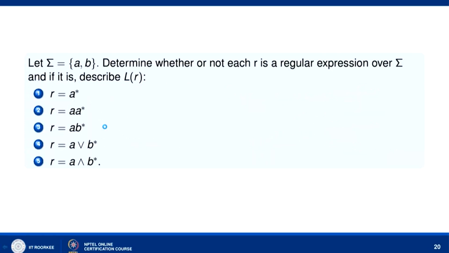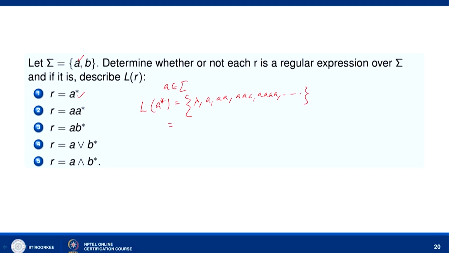Let us say sigma equal to {a, b}. Determine whether or not each R is a regular expression over sigma, and if it is, describe L(R). So, R equal to a is an element, a belongs to sigma. So, a is a regular expression, and therefore, a star is a regular expression, and L of a star will be equal to lambda, a, and so on.